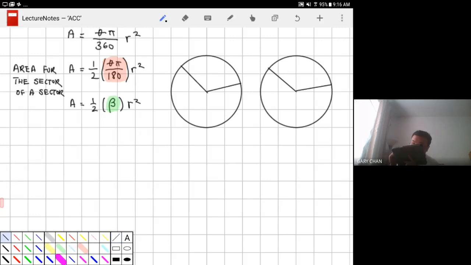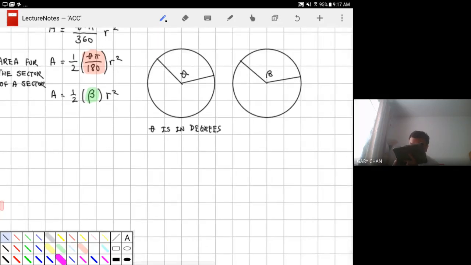So again, why am I drawing two circles here? I'm trying to emphasize that these two formulas represent the same things. Theta is in degrees, and here beta is in radians.